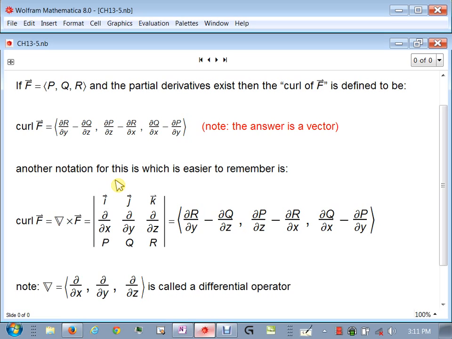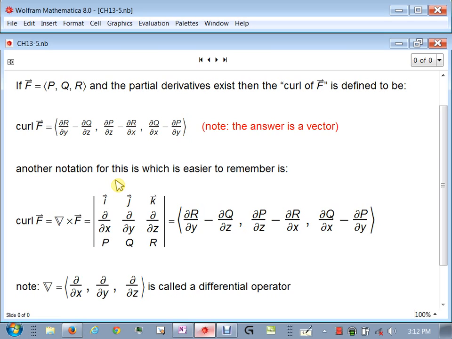Well, the curl of F is defined to be this right here, which is del. Del is what we call a partial operator. Okay, so what's going to happen is we're going to take this, we're going to cross it with F. Del by itself doesn't make any sense, right? Del is not a vector, it's just del, all right?